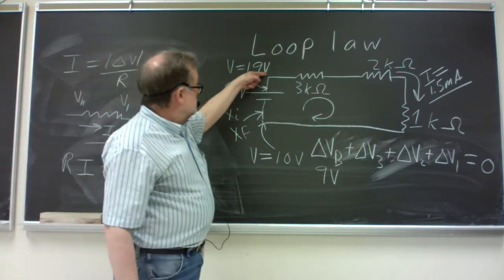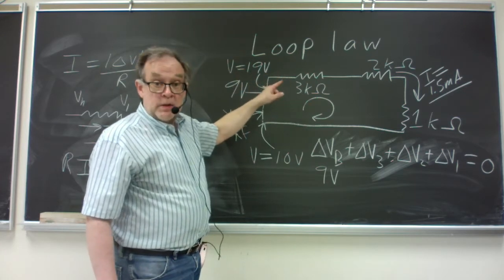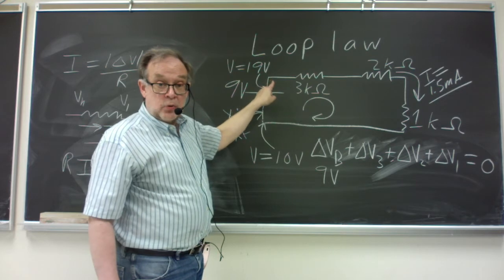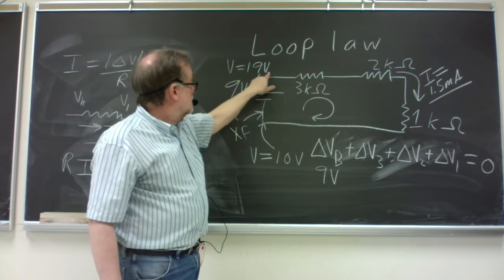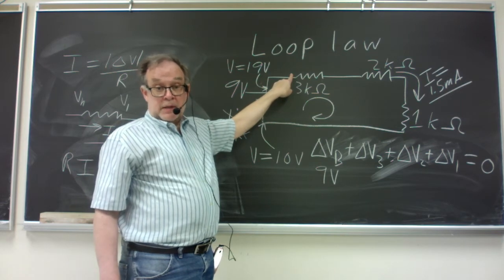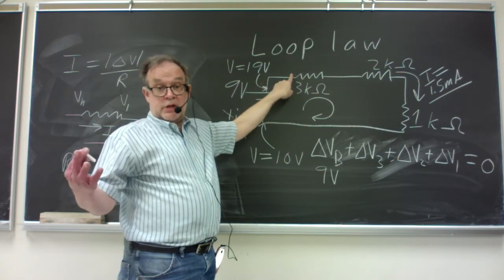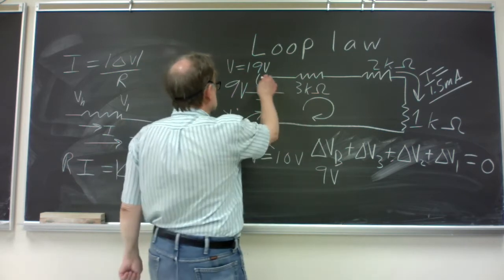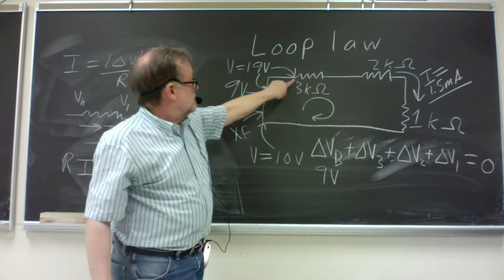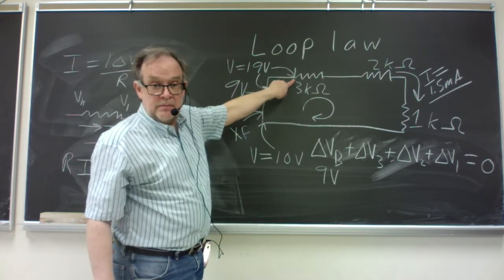And since this is ideal wire and there's no potential change from any point to any other point along that wire, every point in that ideal wire must be at the same potential. No potential change. So the potential is still 19 volts when you get to there.